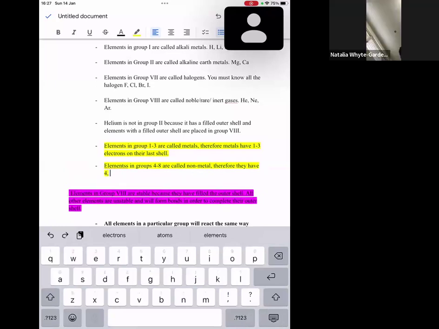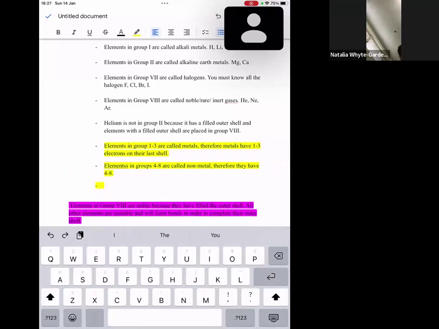Those in group 8 are also non-metals. So the gases, the noble gases, are non-metals. We don't talk about it a lot, but they are non-metals. Don't worry, my students have the same misconception.